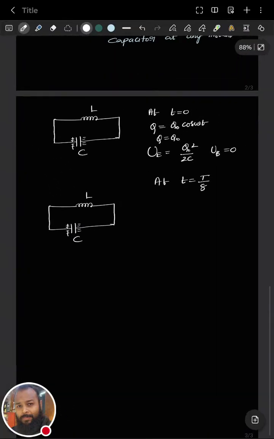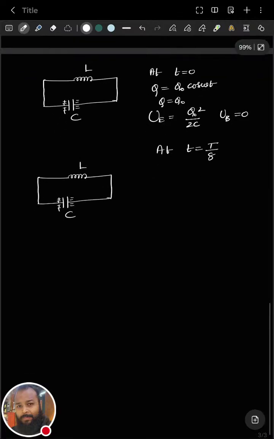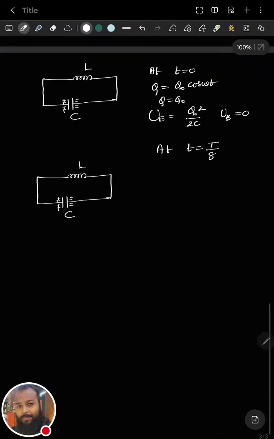So when I substitute t is equal to T by 8 in Q is equal to Q naught cos of omega, which is 2 pi by capital T into small t, की जगह T by 8. In place of small t I am writing it as T by 8.